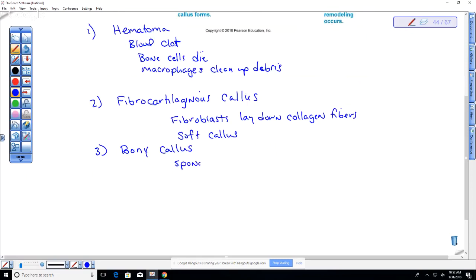So spongy bone is produced by what are called osteogenic cells. So this is another term for osteoblasts. Right, so osteogenic means that they are bone-forming cells.